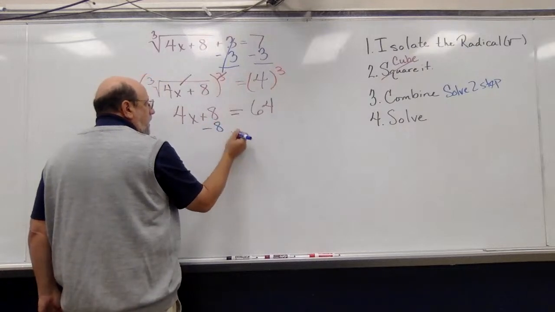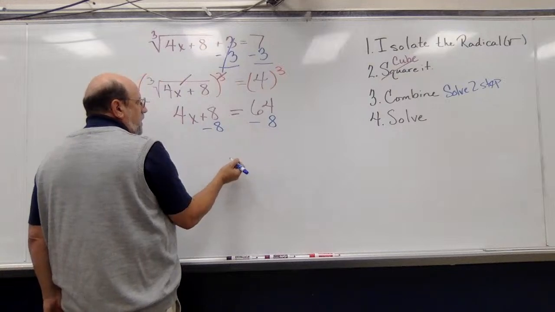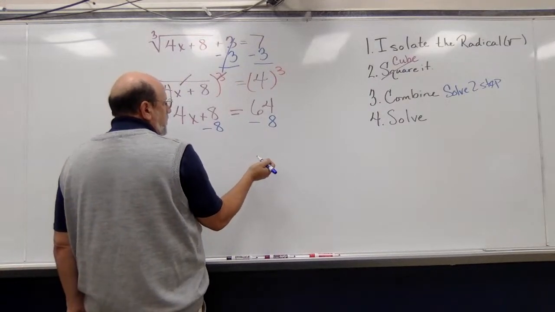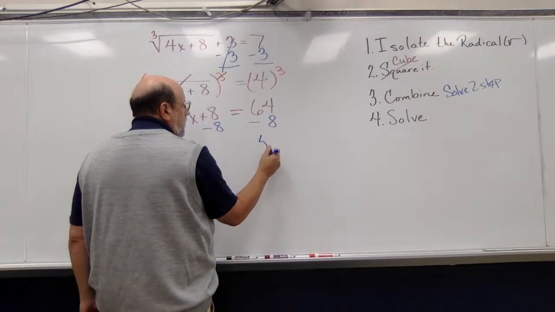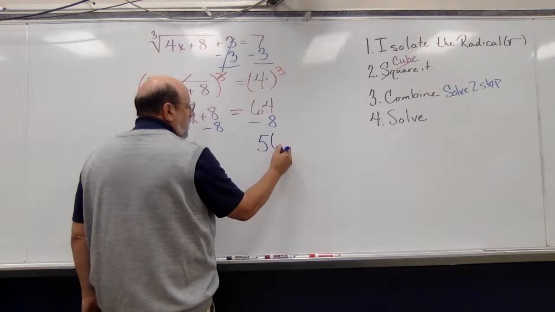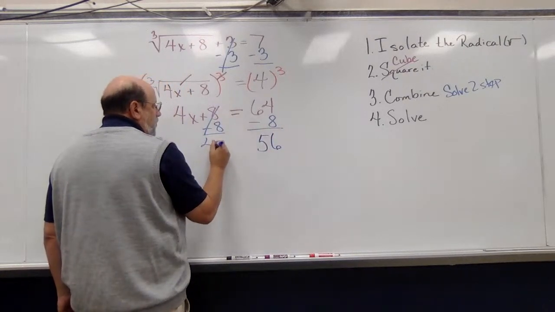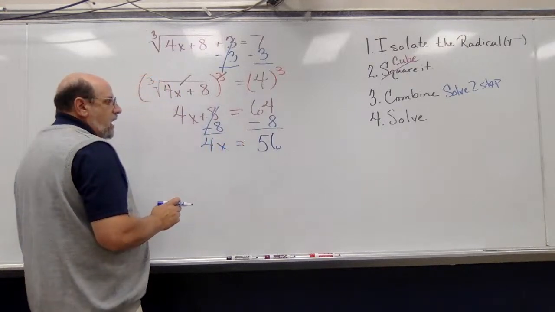We subtract 8, right? Okay. 64 minus 8, what is that, 56? I think so. Right? And then that goes away, and then 4x equals 56.